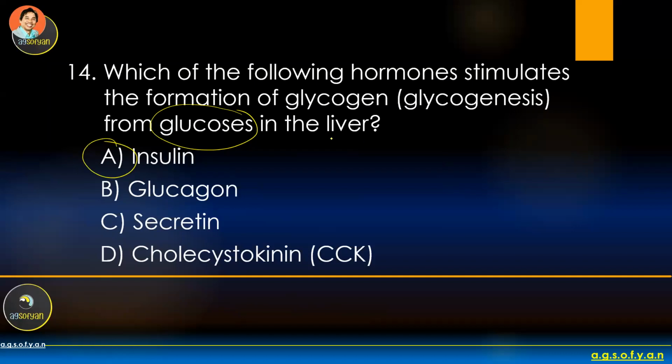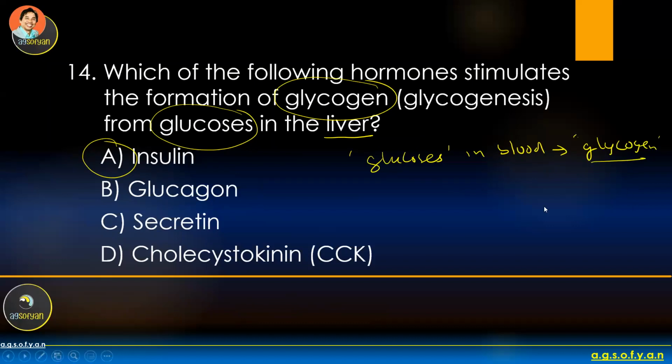So insulin actually will go to liver and tell the liver to make glycogen by taking glucose in blood and converting it into glycogen in liver. Okay, so hormone insulin.